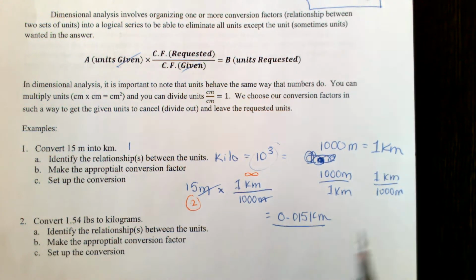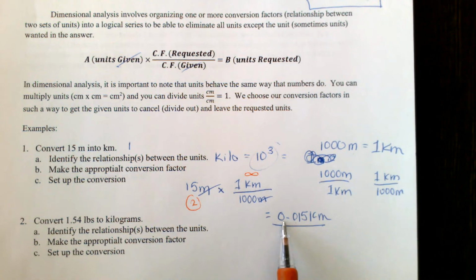So if we look at what we have, our 0.015 here, the two zeros are just placeholder zeros. So we can leave the number like this because these zeros here we know are never significant.